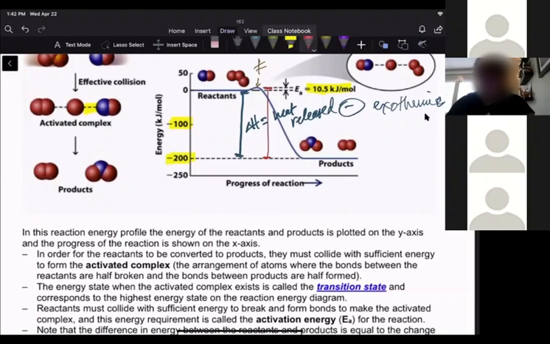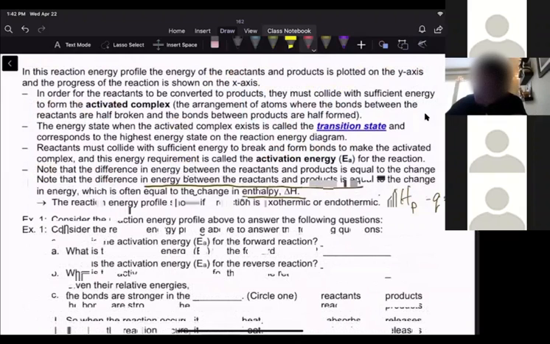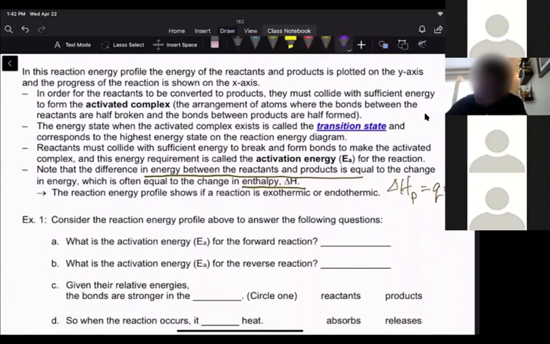So in order to go from products back to reactants, our energy in the reverse direction is going to be from that products line up over the barrier. Activation energy in the forward direction is given 10.5 kilojoules per mole. Right? Does that make sense reading the diagram?